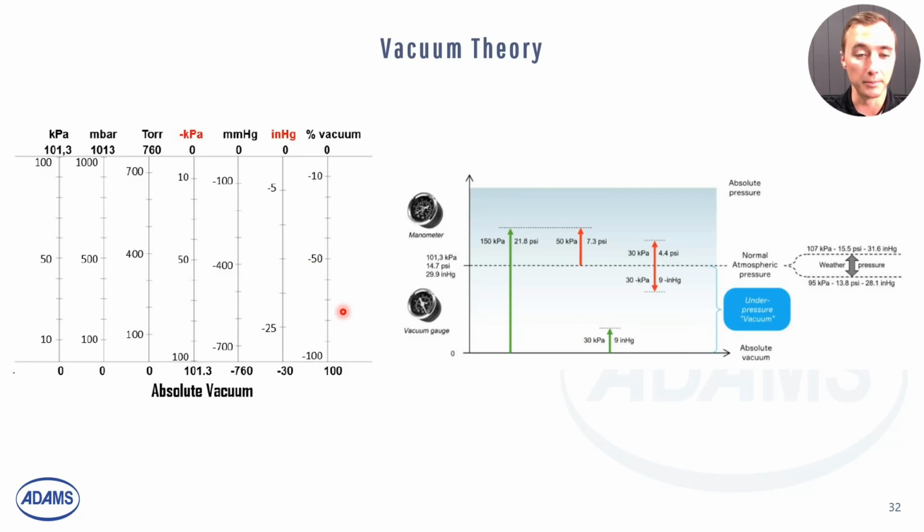The most common are going to be negative kilopascals, inches of mercury, or percentage of vacuum. The negative kPa and the percentage of vacuum are kind of one and the same, because negative 101.3 kPa is also equal to 100% vacuum. So those are interchangeable. That's where you'll see the negative kPa often used.